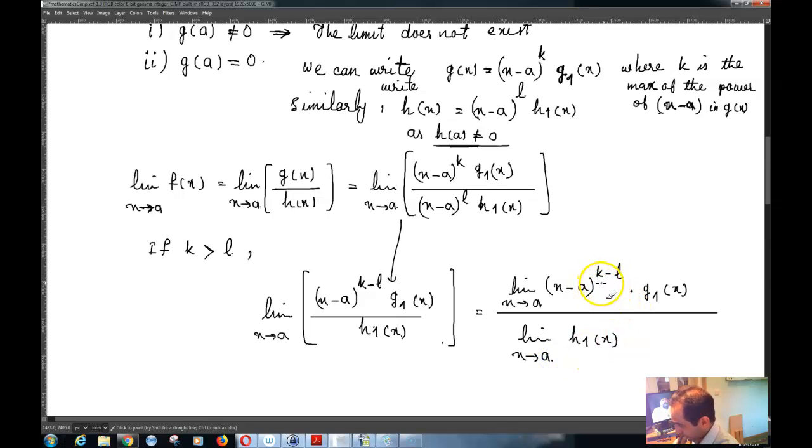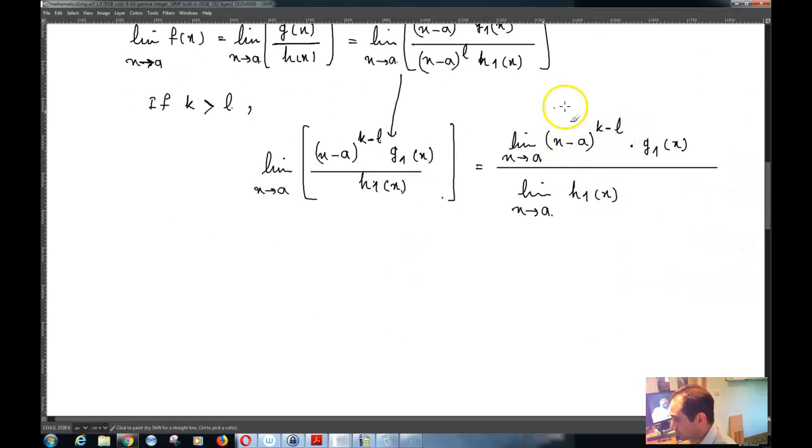Now this would be, for example, suppose your polynomial is something like (x − 2) raised to the power 3.